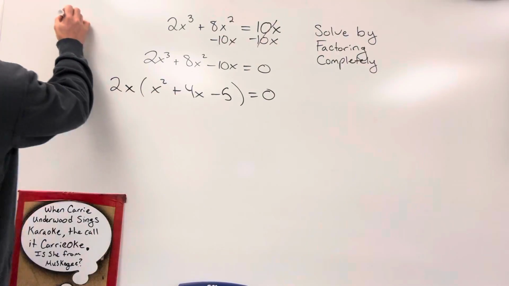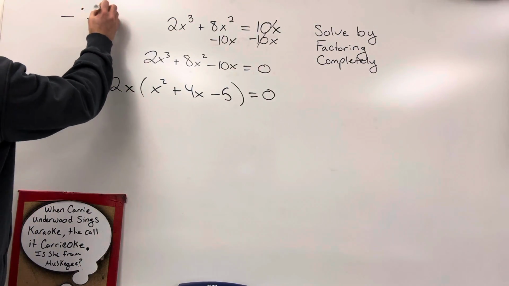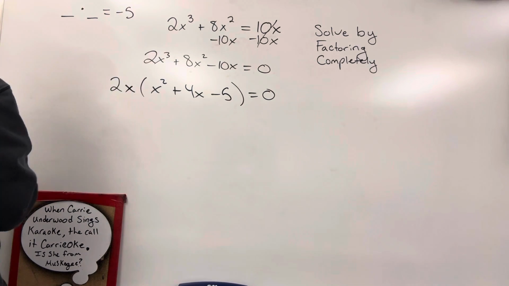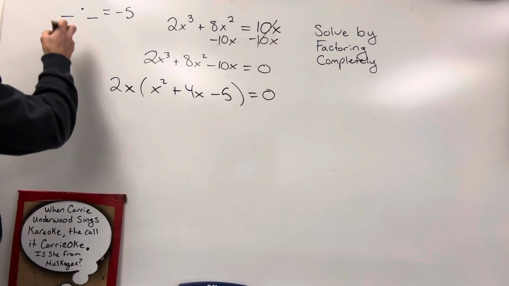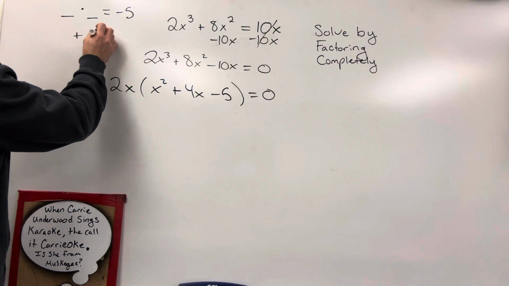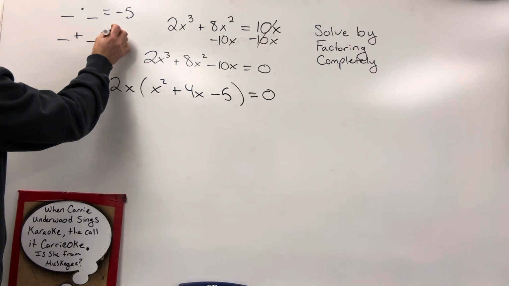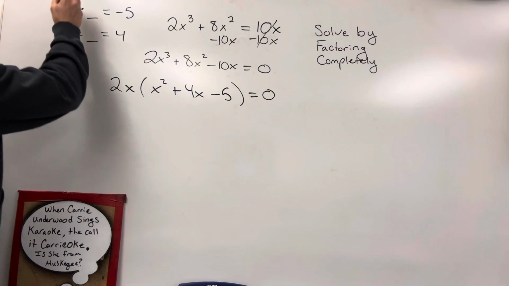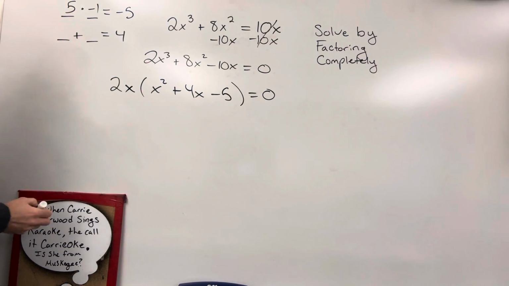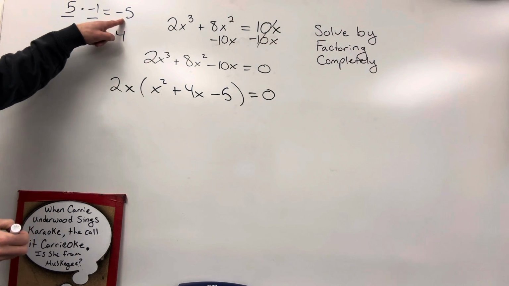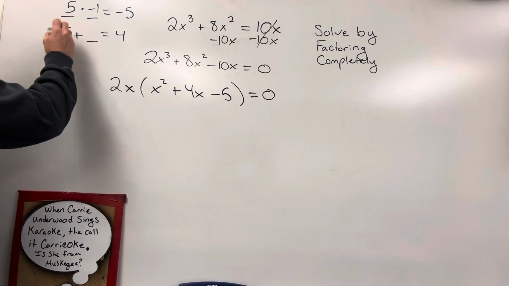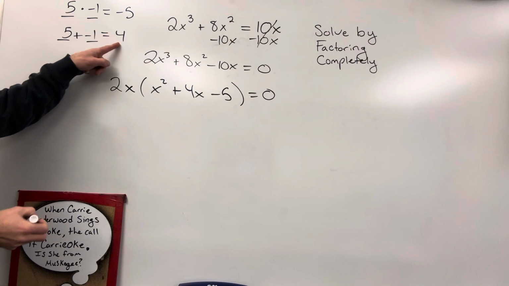If we multiply the number times a number, we get negative 5, but those same 2 numbers added together would give you 4. Wouldn't that be 5 times negative 1? 5 times negative 1 is negative 5, and 5 plus negative 1 makes 4.